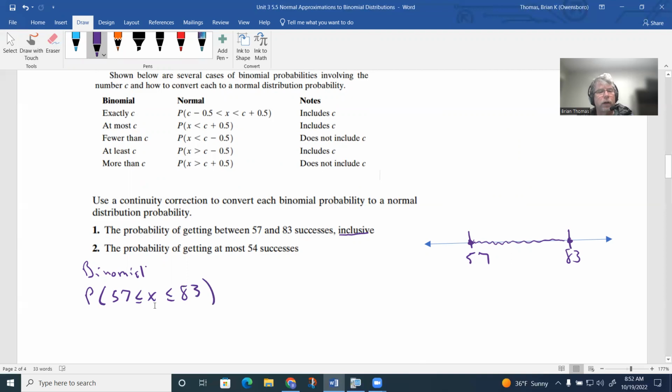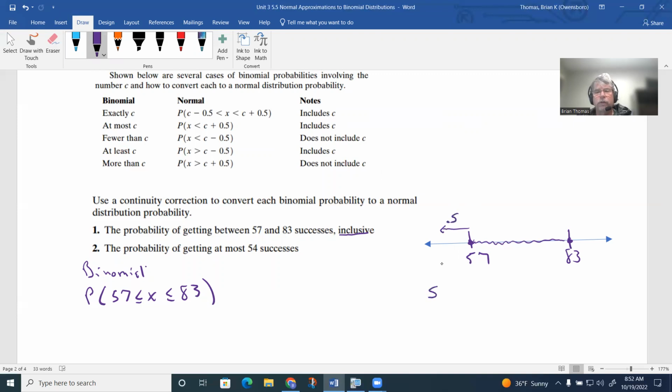X is greater than or equal to 57. That's true. And x is less than or equal to 83. That's also true. So you're in between there. So to do the probability, since it says inclusive, this interval has to remain in the problem. So for that to happen, you have to move left of 57 by 0.5.